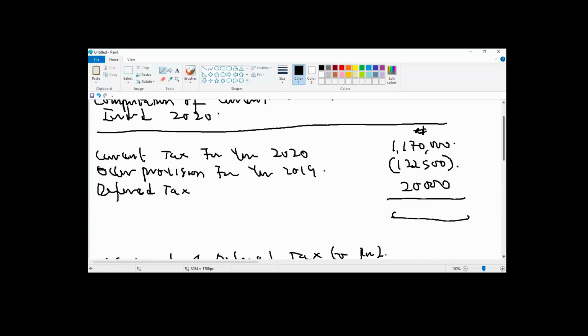Give me the figure. Deferred tax charge. $1,067,500. Good. Accounting entry.